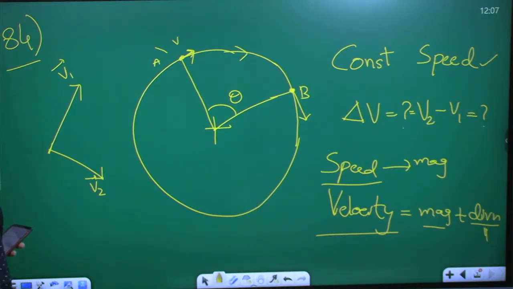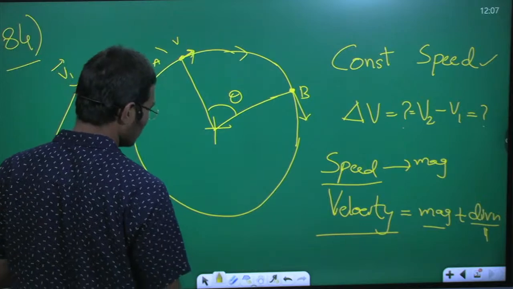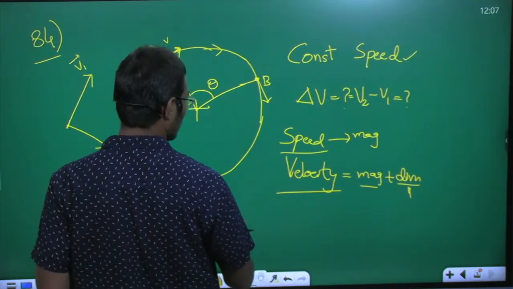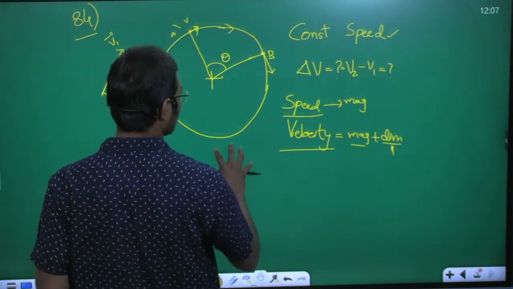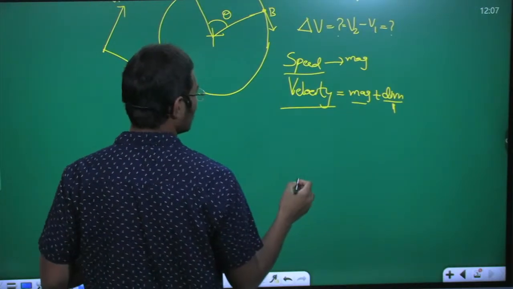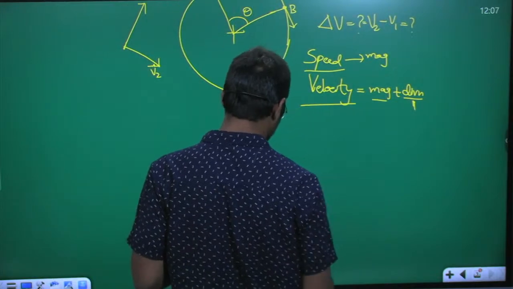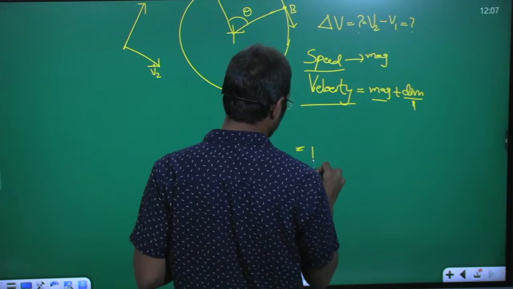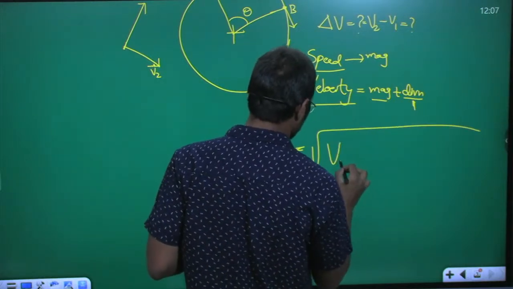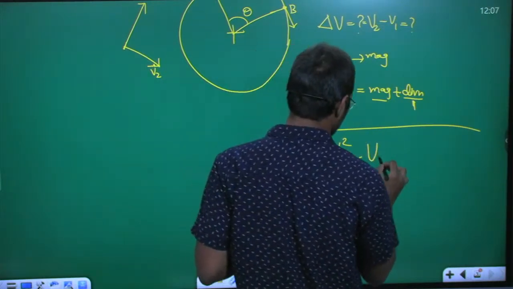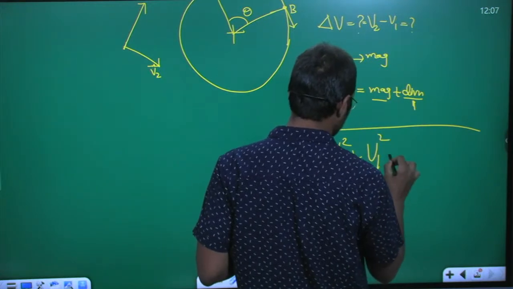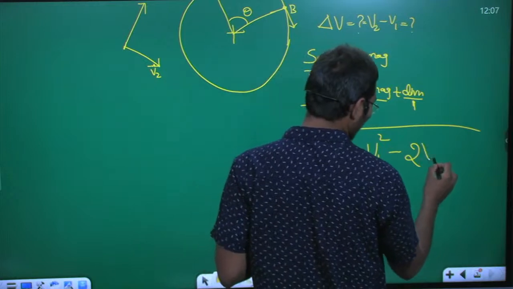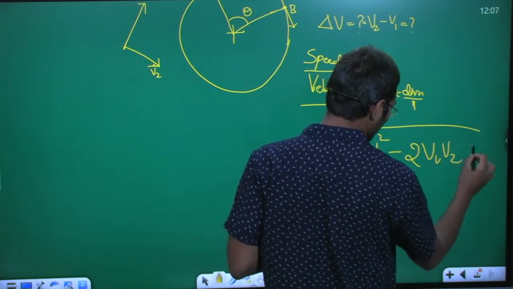So if you try to look at magnitude, V2 square plus V1 square, sorry, plus V2 square. Okay, you can write either way. 2V1 V2 cos theta.